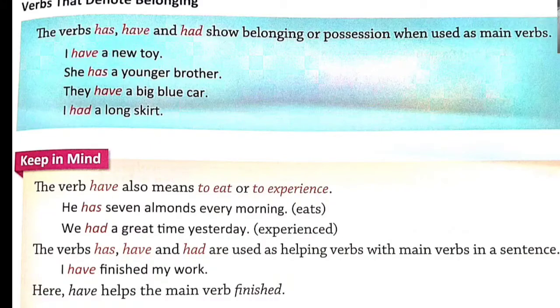You can see has is generally used with a singular subject, like she is a singular pronoun. In that case we can use has with she, he and it. These are singular pronouns, so here we have to use has. I, they, you, we are plural pronouns.